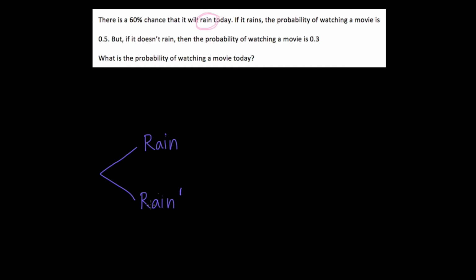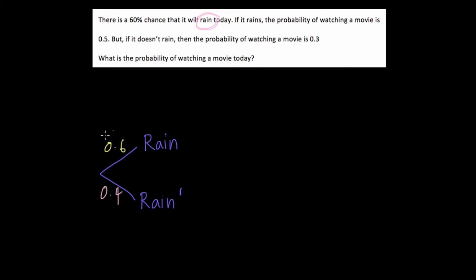Rain complement means that it doesn't rain. There's a 60% chance that it will rain today, so I'm going to put 0.6 on this branch. And if you remember the rule from before, the probabilities of the branches must add up to 1. Though they don't explicitly tell us the probability of not raining, we know from the rule that it has to be 0.4.